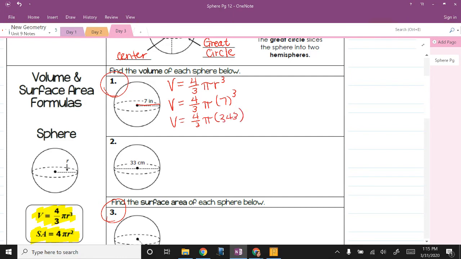So I'm going to use my calculator and hit 4 divided by 3 in parentheses times 343 and then times pi. And again, if you don't have a pi key on your calculator, you can use 3.14 since we're going to have to round anyway. And when I round, I get 1,436.